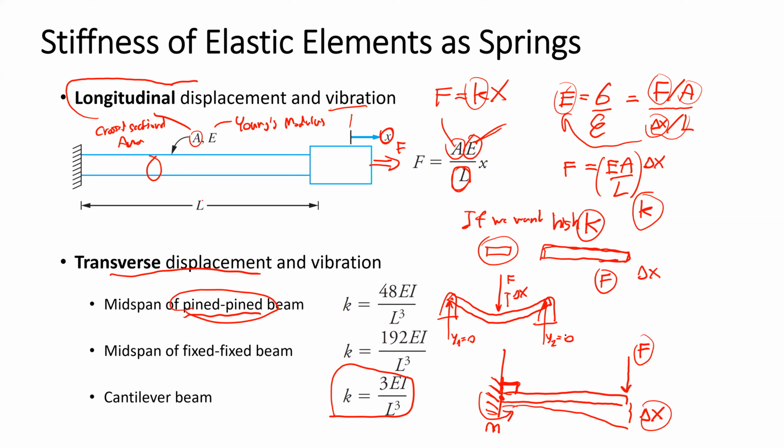The displacement is going to be 0, but the slope dy by dx. Okay, we may have force and delta y, and the horizontal position may be x.